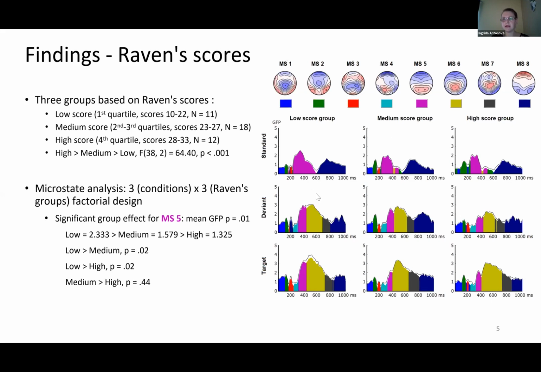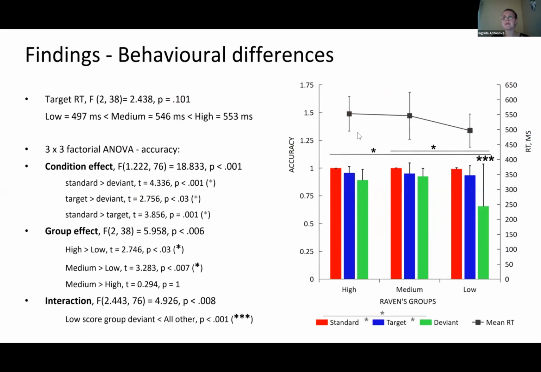Since we have this difference in a common processing step, we also checked if there are any differences in behavioral results. We did not find any differences in reaction time, presented here at the top. However, there were significant differences in accuracy. Accuracy decreased from standard to target to deviant condition in all three groups.